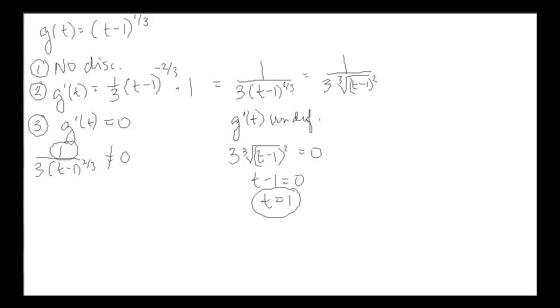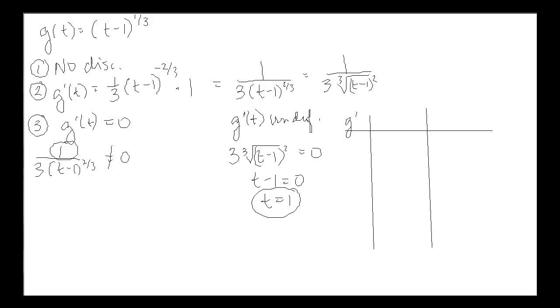All right, so we have just that one, so let's make our chart and see if that's going to be a relative minimum or a relative maximum. I didn't quite leave myself enough room here, but I think we can fit it in right here. We're only going to need 2 subintervals.